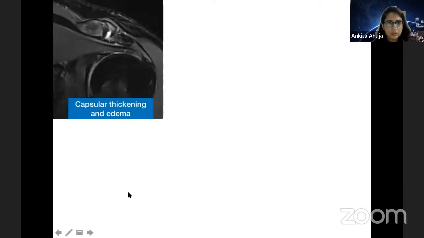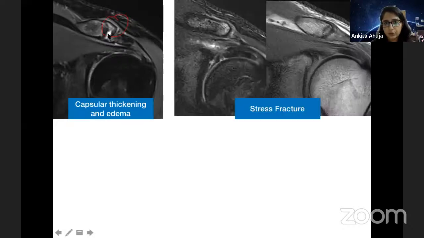So let's see all these things on MRI. Like I showed you a normal MRI. In this case, you can see edema around the capsule with some fluid within the joint. So this is an example of capsular thickening with edema, which is an early indicator of chronic joint loading.